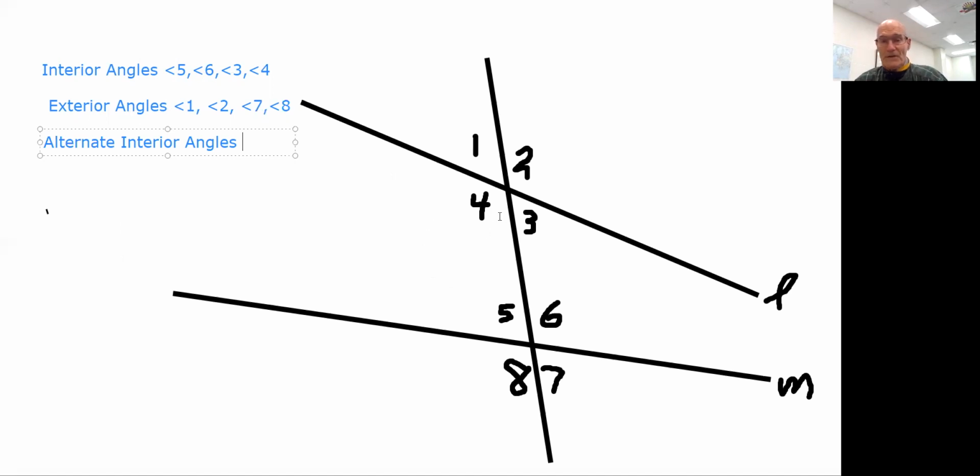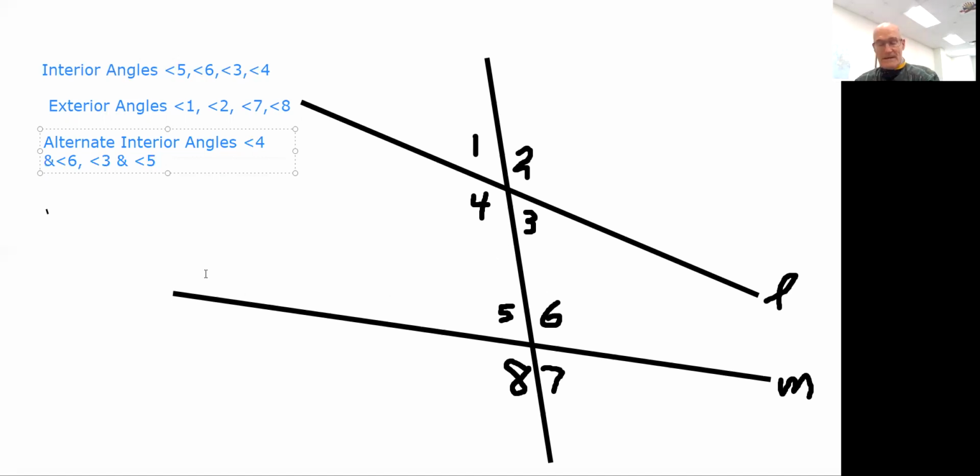When we say alternate, that means they're on the opposite side of the transversal here. So alternate interior angles would be angle 4 and angle 6 would be one pair. And then the other pair of alternate interior angles would be angle 3 and angle 5.